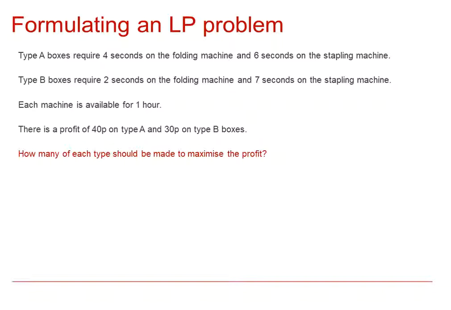So the first thing I would recommend you do is to define your variables. So let variable x be the number of type A box that we make, and let y equal the number of type B box that we make.